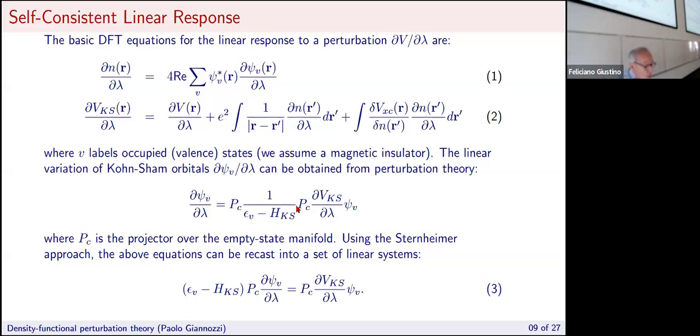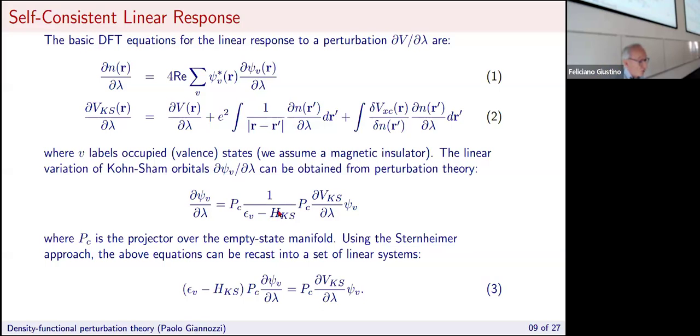Now, apparently it's a sum over unoccupied states, which is very inconvenient to have in a numerical framework for various reasons. It's something we don't want to deal with. But the way not to deal with unoccupied states has been known for many years in atomic physics. It's called the Sternheimer equation.